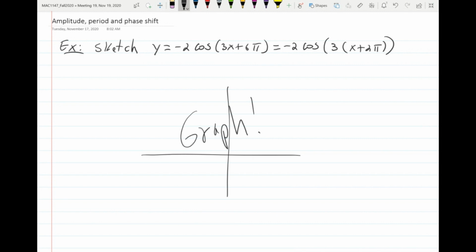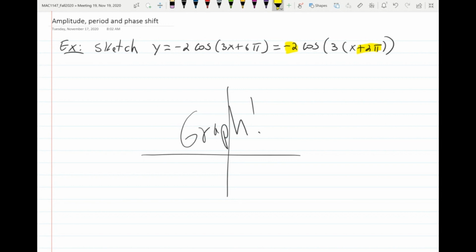So this is what I'm about to explain right now. But there will be some names that are going to pop up, which are amplitude, period, and phase shift. Period, we already know what it is, but the amplitude and the phase shift, these are just fancy words. Amplitude has to do with this vertical stretch that's going to be happening to the function, and phase shift has to do with this horizontal transformation that we're going to be doing.